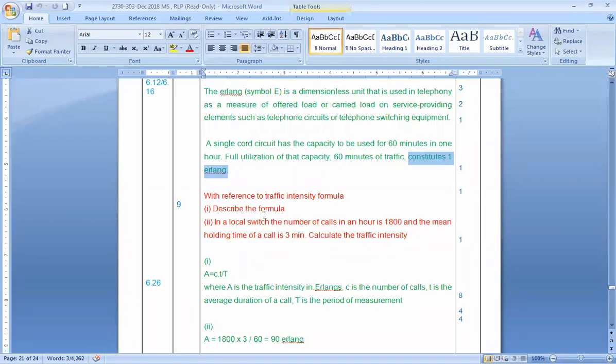Now, why is this needed? Why is it so important? Is it really necessary to have this kind of facility?